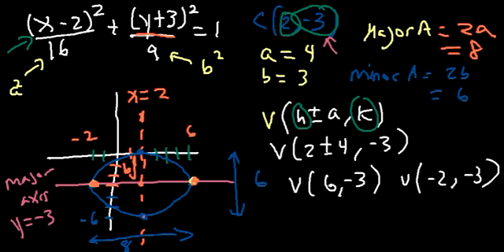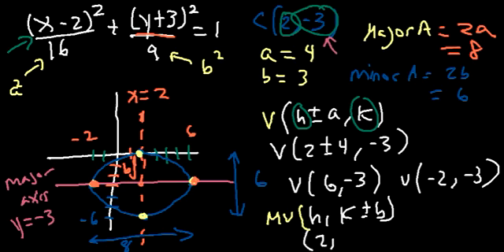Now, if we wish to find the minor vertices, or the endpoints of the minor axis, which is right here, we can use this equation. I'm going to put MV for minor vertices. It's going to be h, comma, k plus or minus b, because we add and subtract b to the y coordinate of the center.